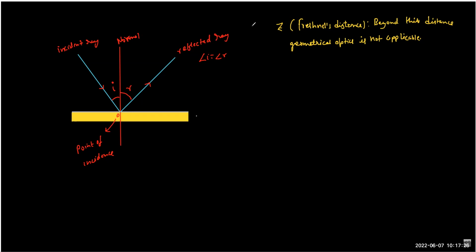Okay. So this is the very simple law of reflection. The first law is that these three are in the same plane, and this is the second law. I will not go deeper into this. So how is an image formed by a mirror?